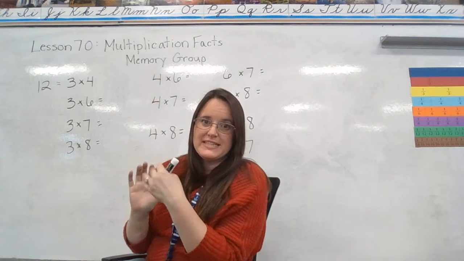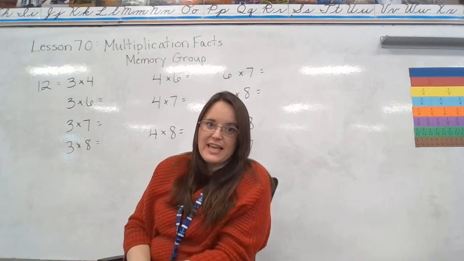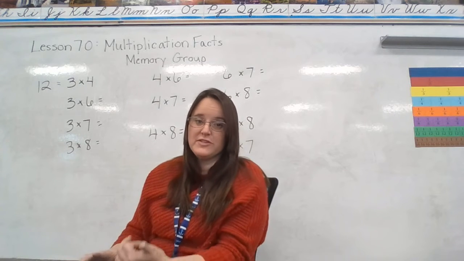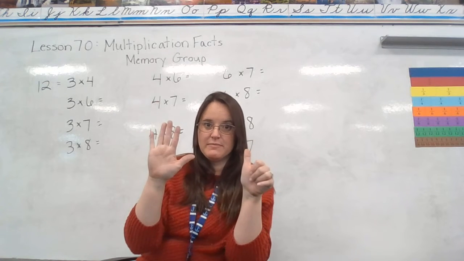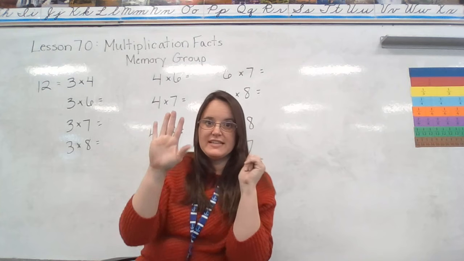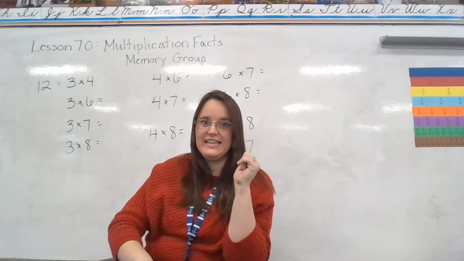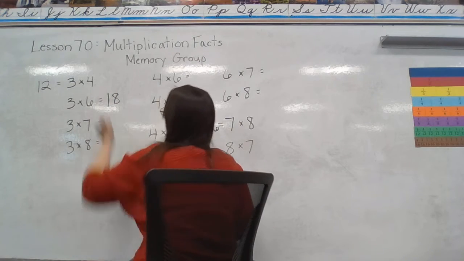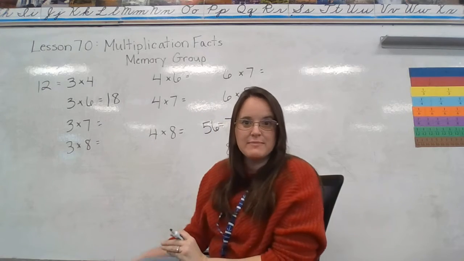Some of you are probably saying either one, so it tends to be easier to count by 3 than 6, even though we have to go farther when we do it this way. But let's count by 3 6 times. So we have 3, 6, 9, 12, 15, 18. 3 times 6 is equal to 18.